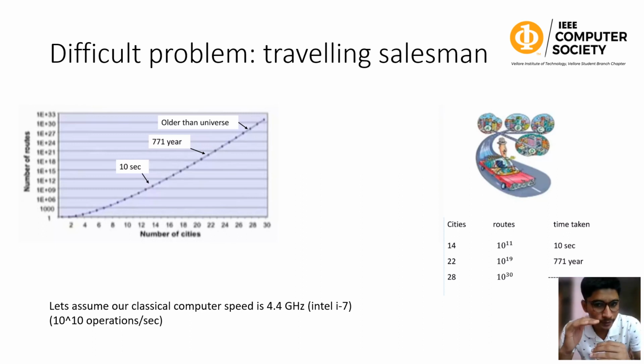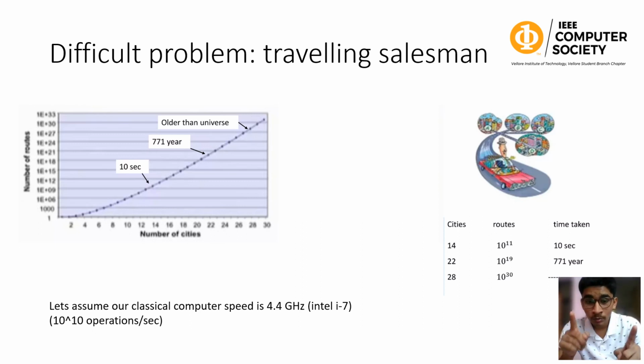If we had 14 cities, there would be 10 power 11 routes, which would take a classical computer about 10 seconds to perform. If we had 22 cities, it would take almost 771 years for even the best Intel processors so far.